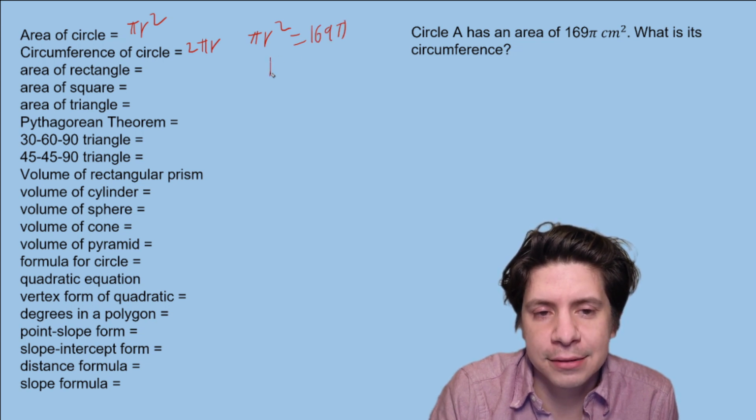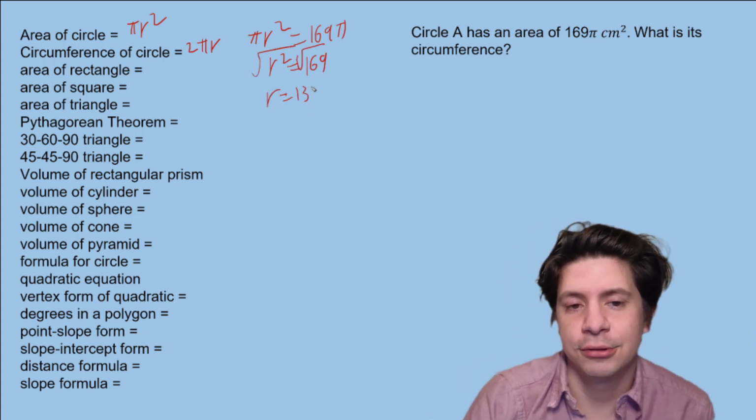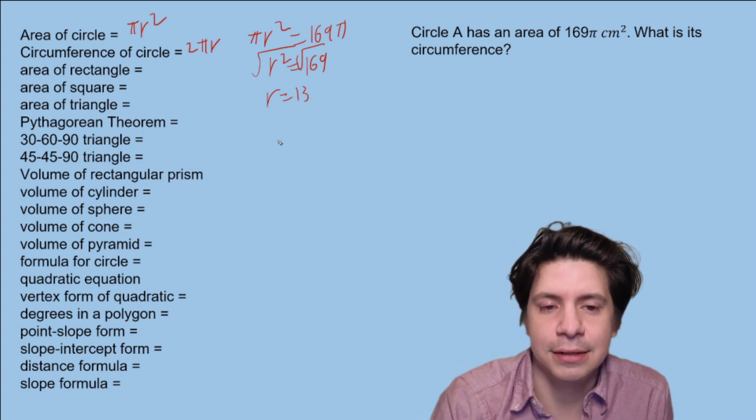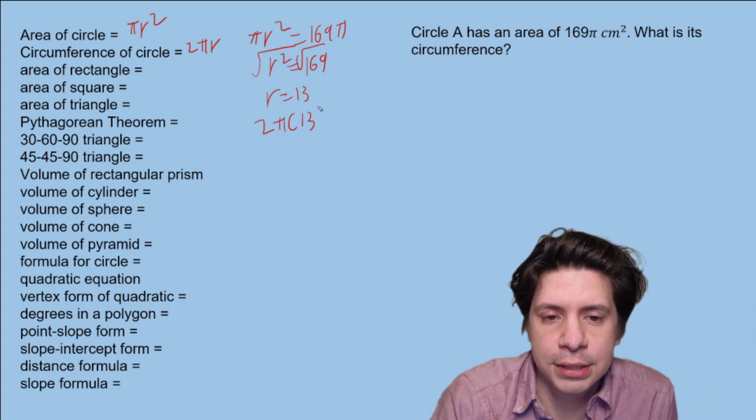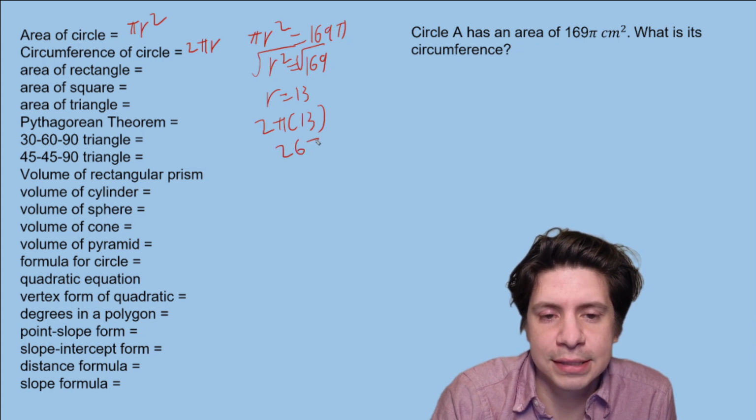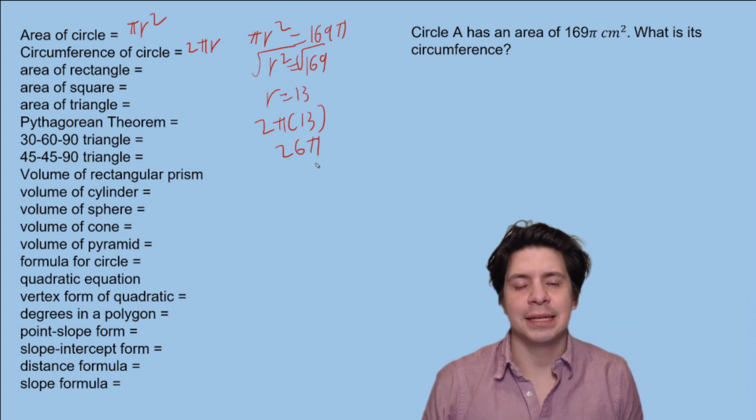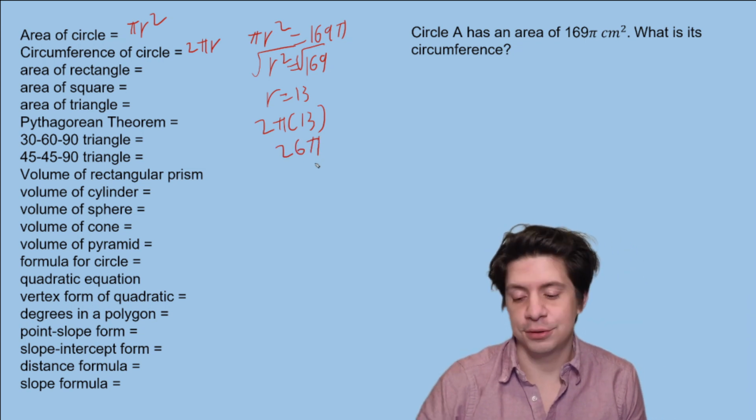The pi's cancel, so r squared equals 169. You square root both sides, and you get r equals 13. Okay, so if r equals 13, now we can plug that into 2 pi r, and we'll do 2 pi times 13, and that would get us 26 pi, right?